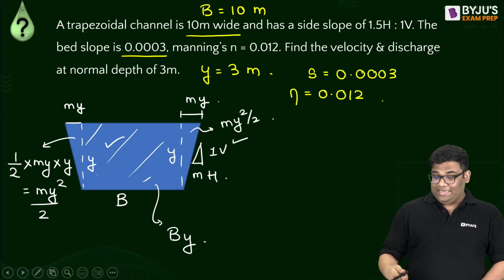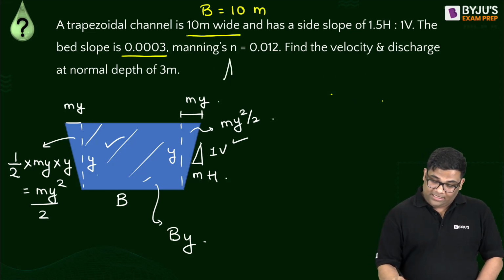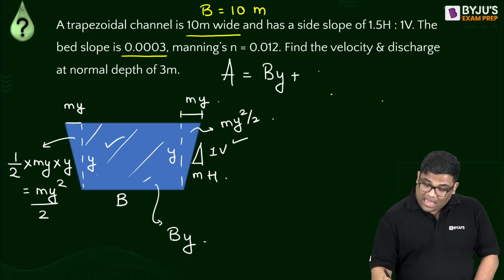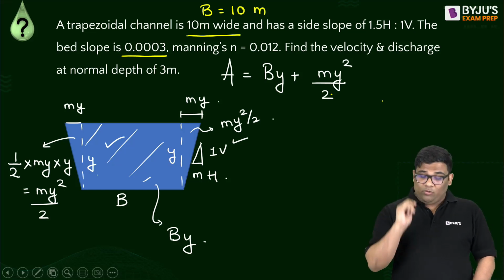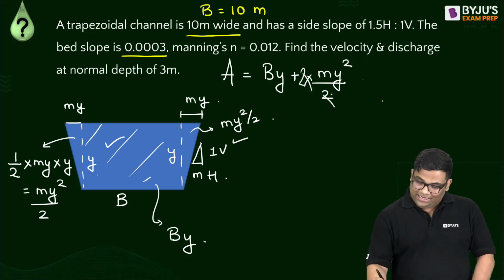So the total area of this trapezoid, the generalized equation, will be the central rectangle b y, plus two triangles whose area is m y square by 2 each, so m y square. If I take y common, it is b plus m y.